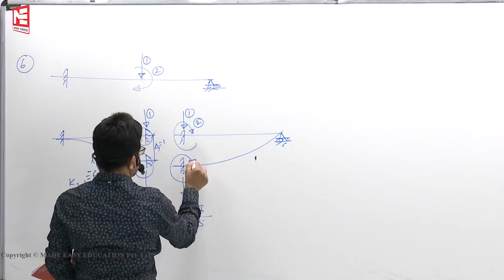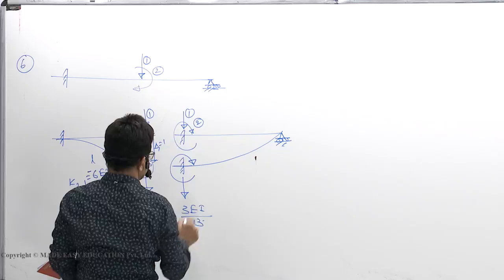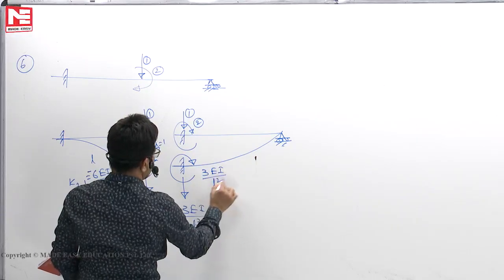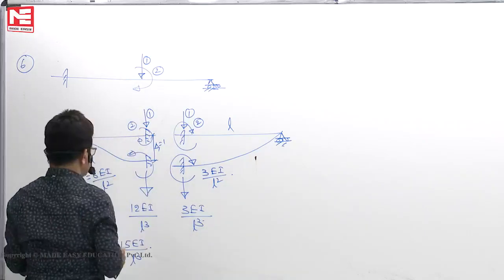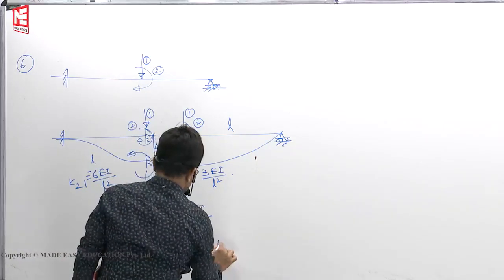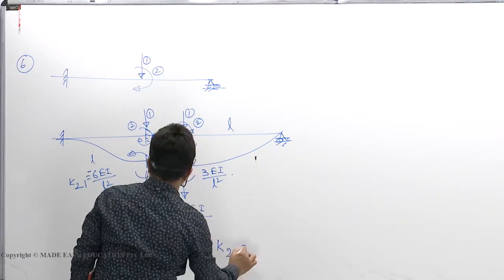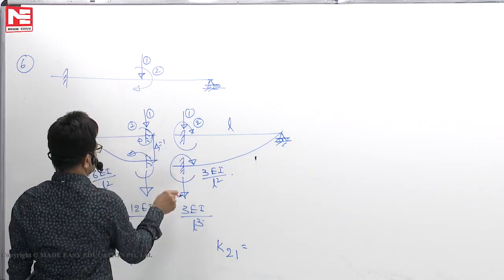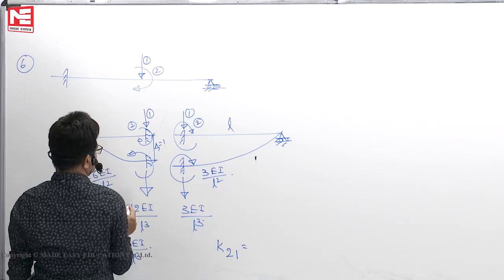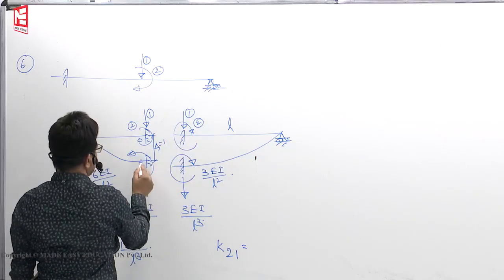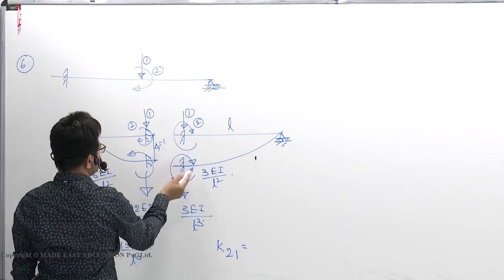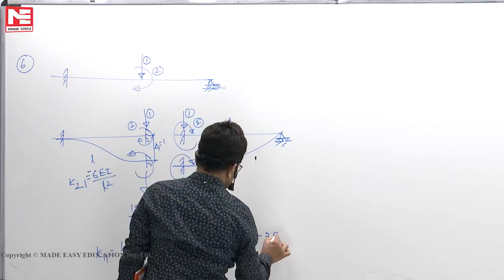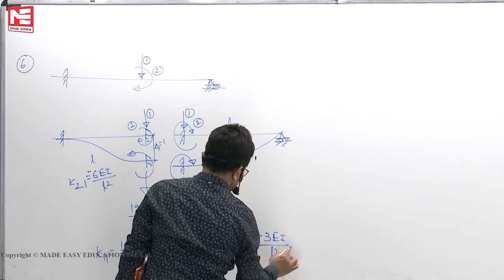This is clockwise, so plus 3 EI by L square. So force at 2 because of 1, you will get minus 3 EI by L square.